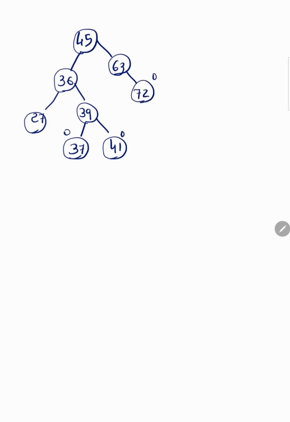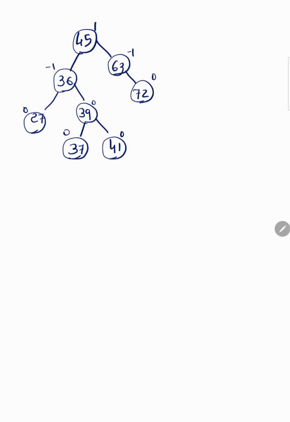Now if I check the balance factor, 37 it's 0, 41 it's 0, 72 it's 0, 27 it's 0. Why? Because all are leaf nodes, right? Now for 39 also it's 0, for 36 it's 1 minus 2, so minus 1, right? For 63 it's 0 minus 1, so it's minus 1, and 2 minus 2, that's a 0, right?